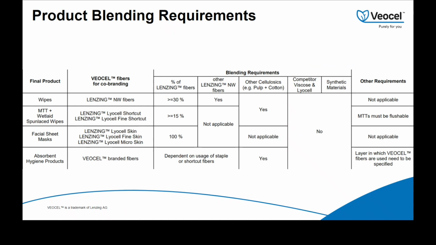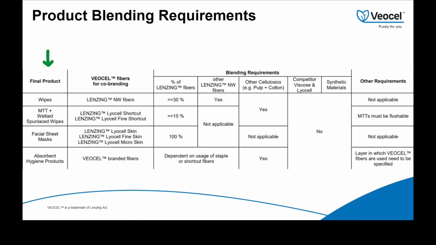As mentioned before, blending our fibers with other cellulosic materials is in line with our certification criteria. We require, however, a minimum percentage of our fibers within different end products. If you look at the first column, you will see, for example, the end product wipes in the second line.